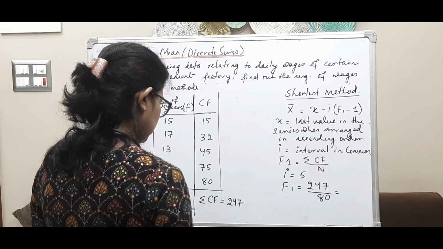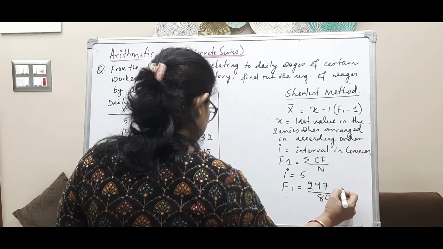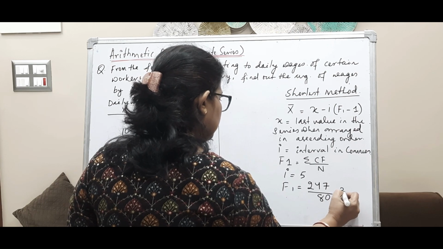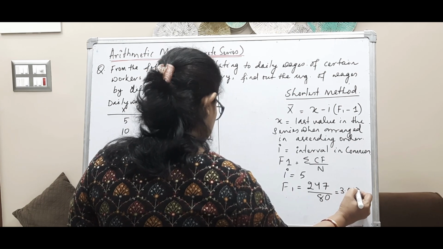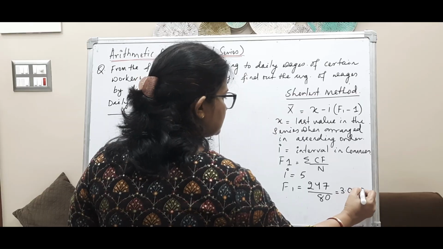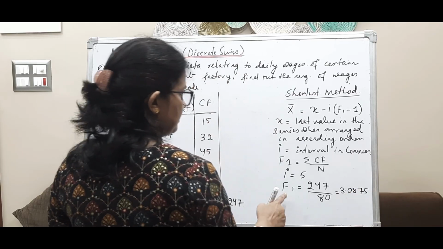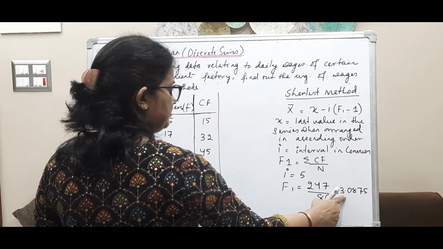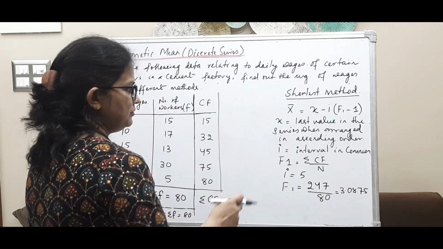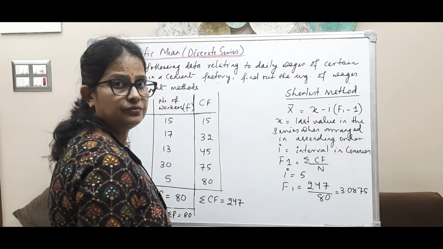It is coming 3.0875. The F1 value is 3.0875. Now we can put all the values into the formula.